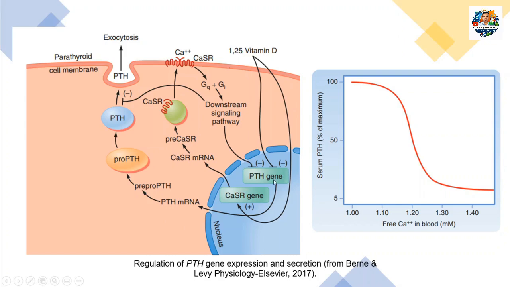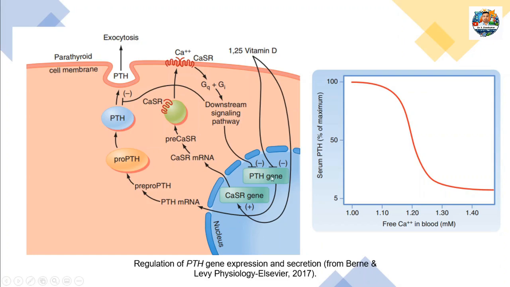Another effect on the parathyroid hormone gene is that of vitamin D. Now you see here, vitamin D being a steroid-based hormone, it can easily pass through the membrane, so it doesn't require a cell membrane bound receptor for its action.